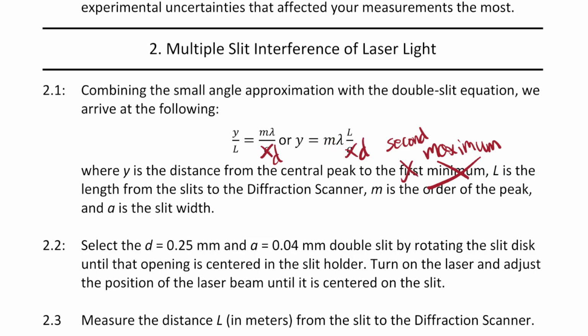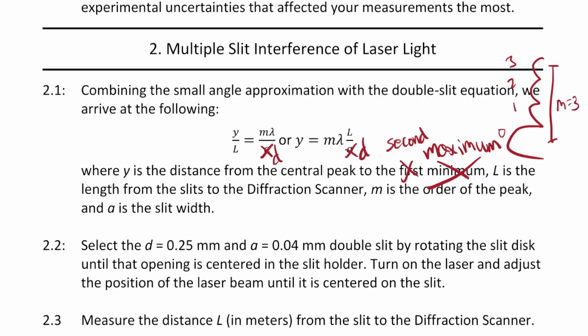But generally, let's say we had a bunch of maximums. Like this would be m equals 0, 1, 2, 3. Then from here to here is a difference of m equals 3.